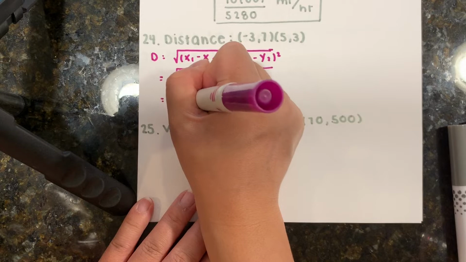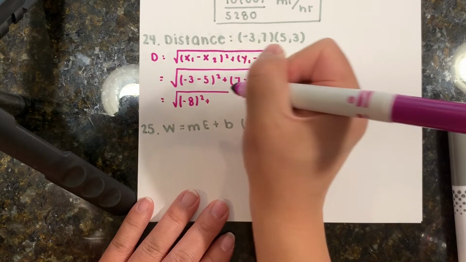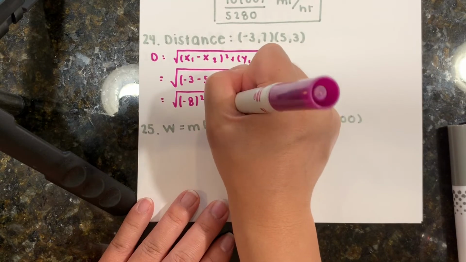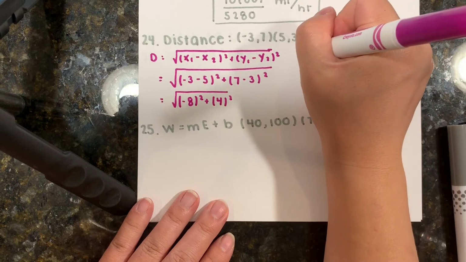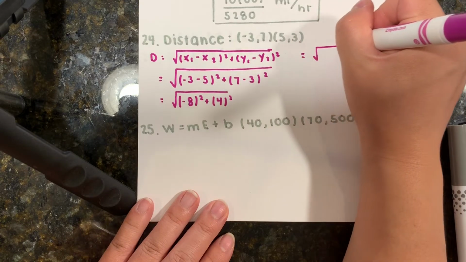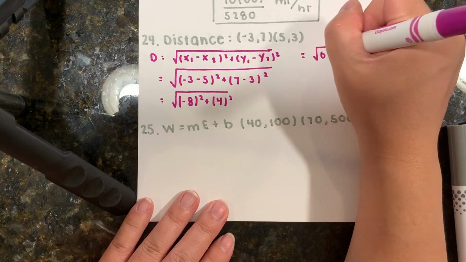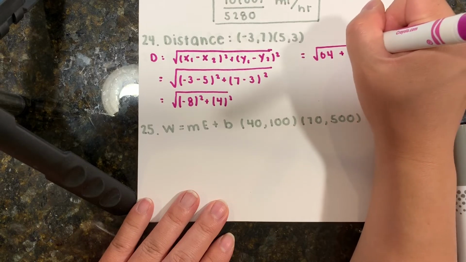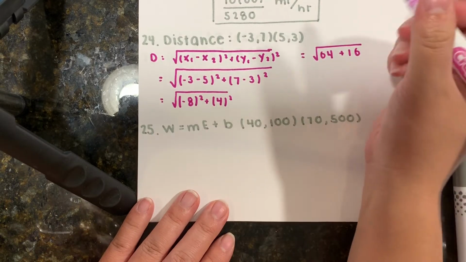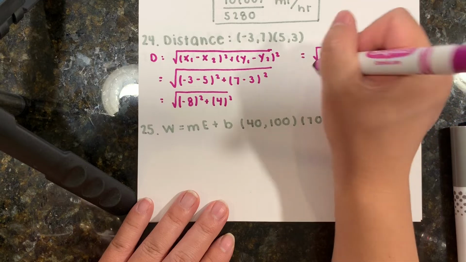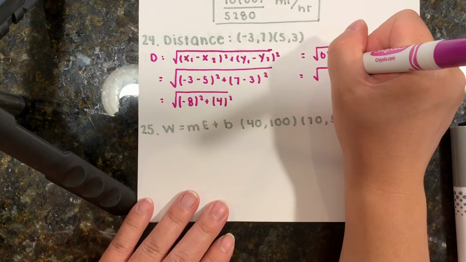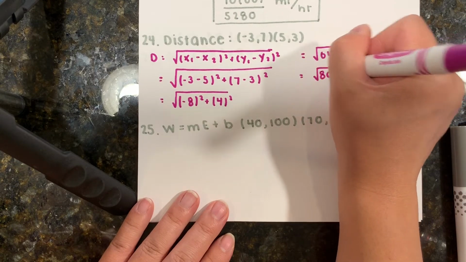So I have -8 squared plus 4 squared. So that would be the square root of 64 plus 16, which would be the square root of 80.